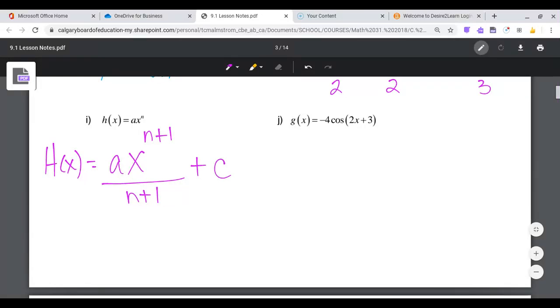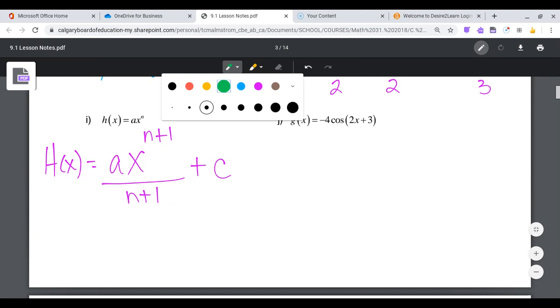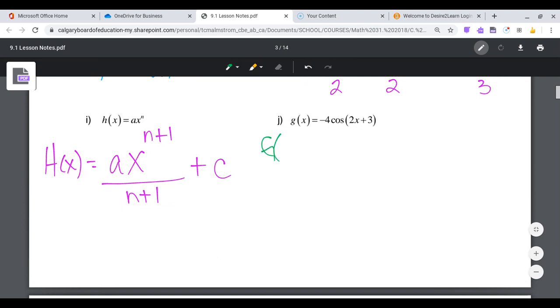Oh, and now we're going to get into some trig. All right, so let's think of this. This is big G of x is equal to -4. Let's put the constant out there. What would be the antiderivative of cos? That would be sine of its argument, 2x plus 3, divided by the k.